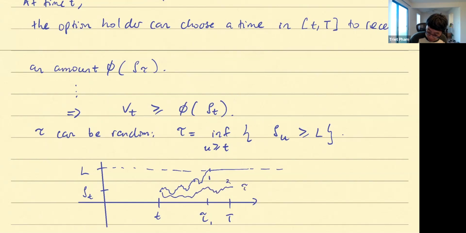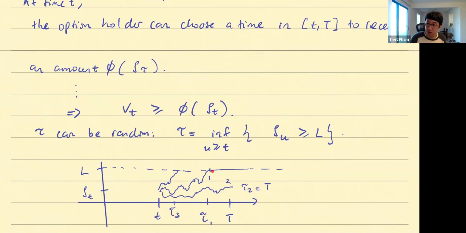On path 2, tau 2 is equal to T. On path 3, this is tau 3. These are really 3 different instances of this value tau.